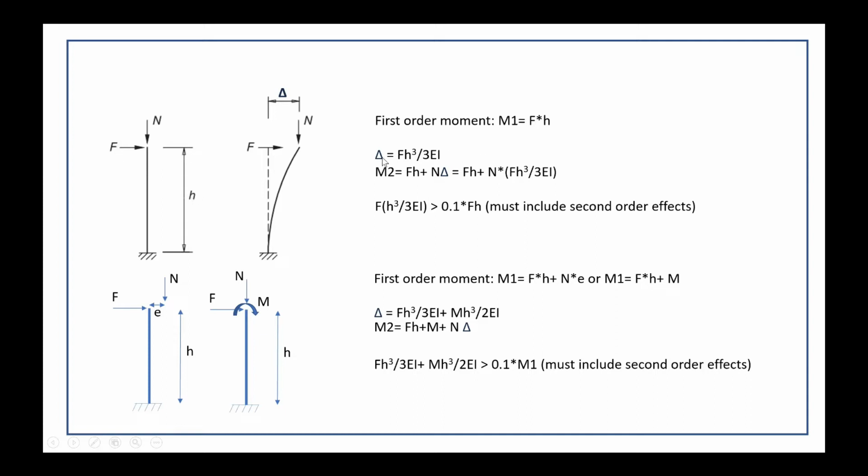And the big delta, you can use the formula to calculate for the cantilever column. So M2 is the second order moment.